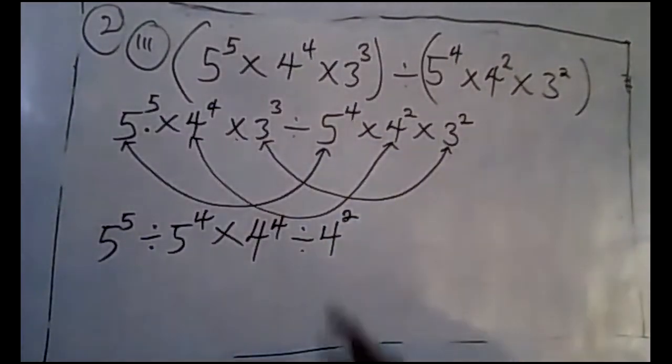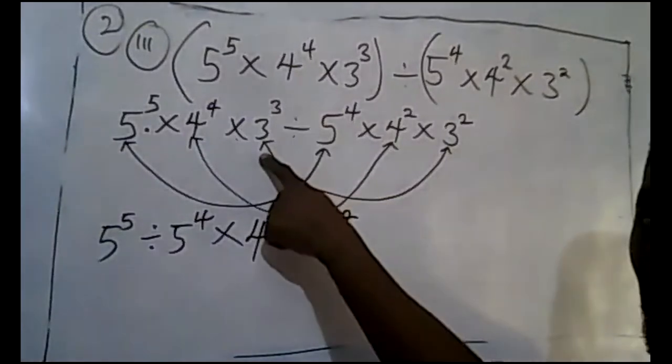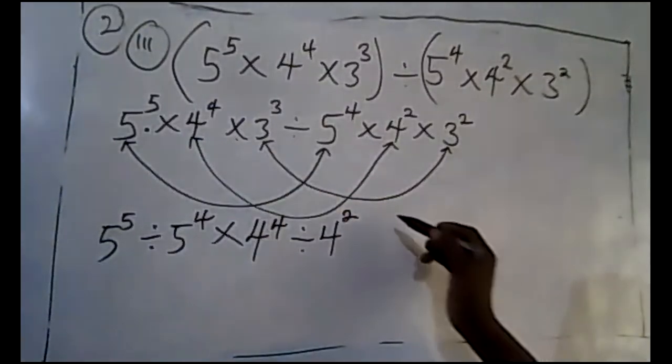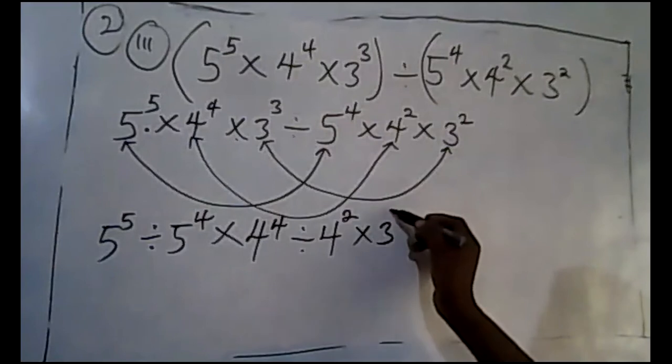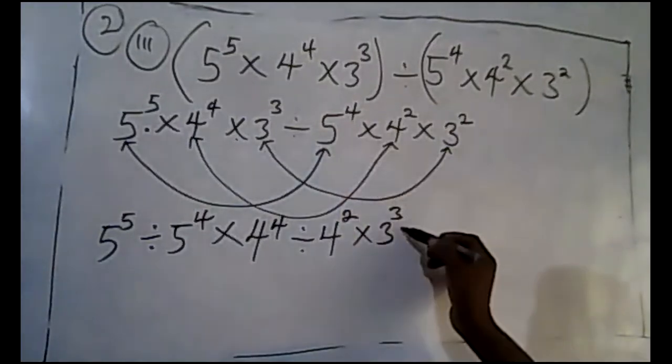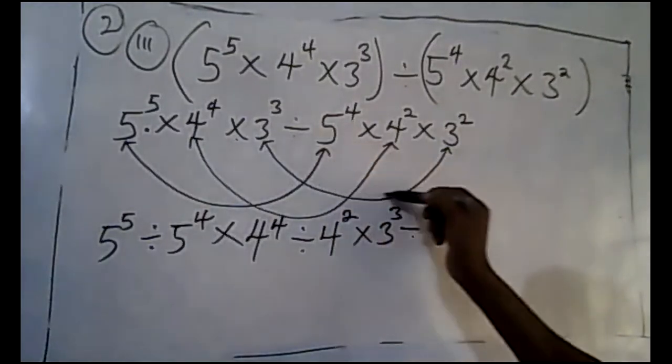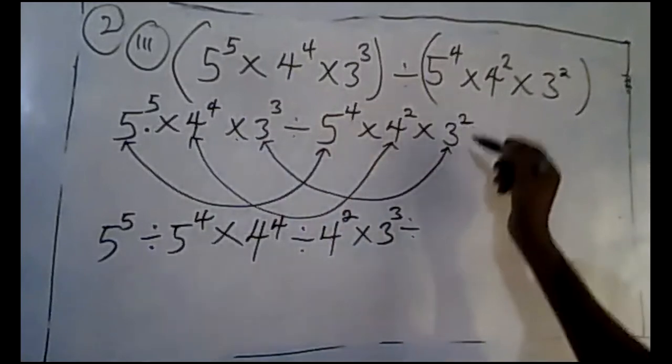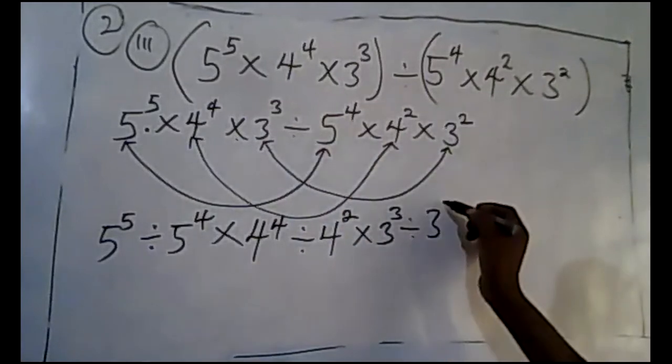Now, the next number is times 3 raised to power 3. How are you getting it? Times 3 raised to power 3 divided by the last one, because you have paired it 3 and 3, divided by 3 raised to power 2.